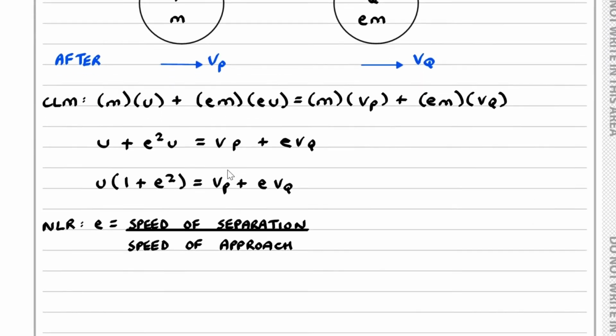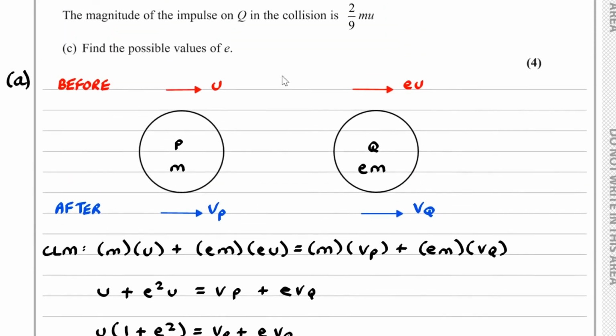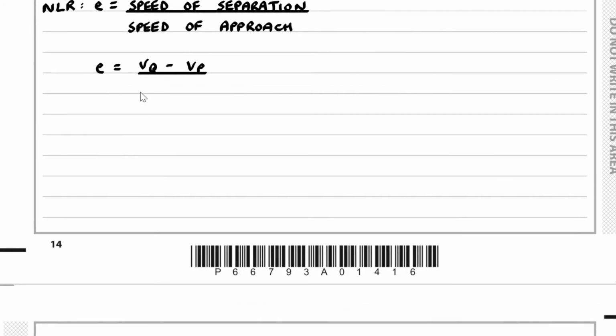And if we take a look at our diagram, you can see the speed of separation is vq minus vp. The speed of approach is, well, that will be u minus eu. So we've got u minus eu.